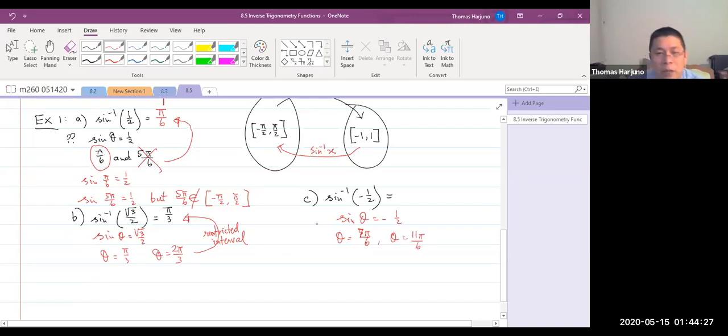But the problem is neither one of these is in the restricted interval. So we look back, hey, you know what? We changed this, which is in quadrant 4, into quadrant negative 1. You use theta equals negative pi over 6.